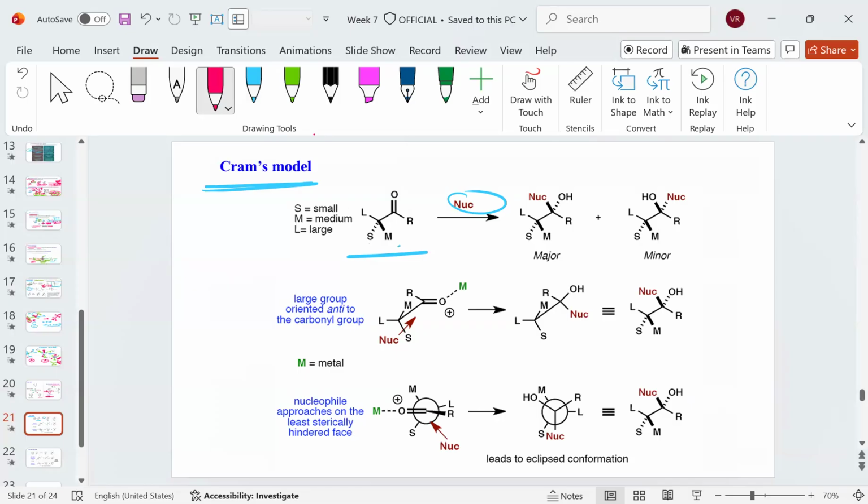We are trying to identify shortcuts. In this case, the nucleophile will be, as you can see here, on the top side. Another problem here is the large group anti.